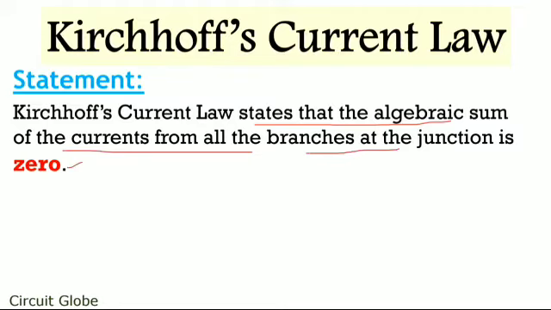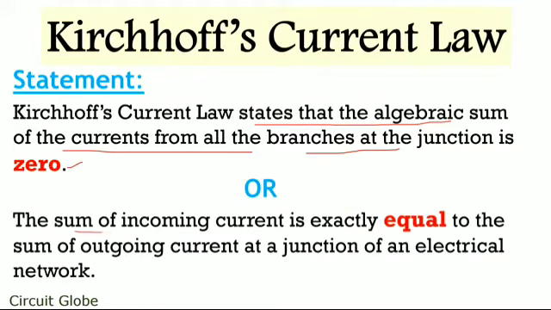Kirchhoff's current law states that the algebraic sum of the currents from all the branches at the junction is zero, or the sum of incoming current is exactly equal to the sum of outgoing current at the junction of an electrical network.